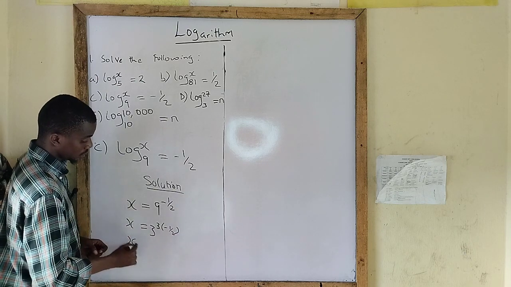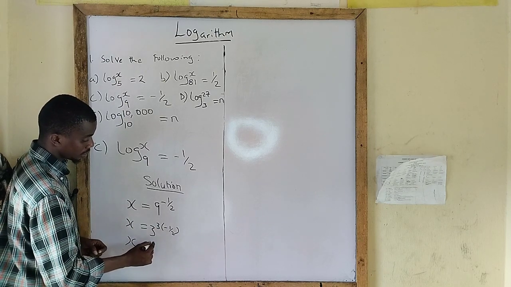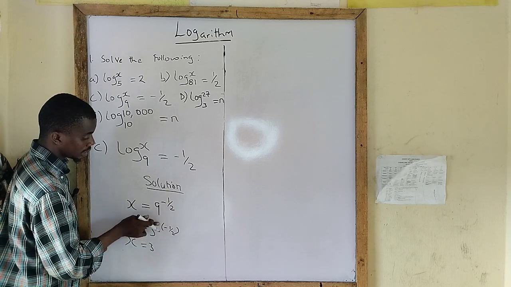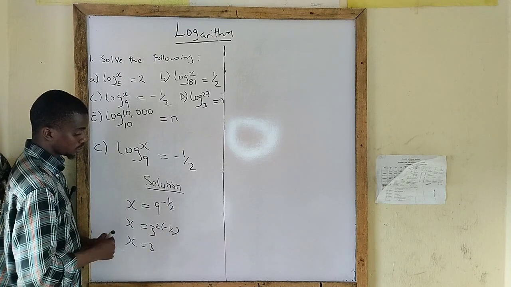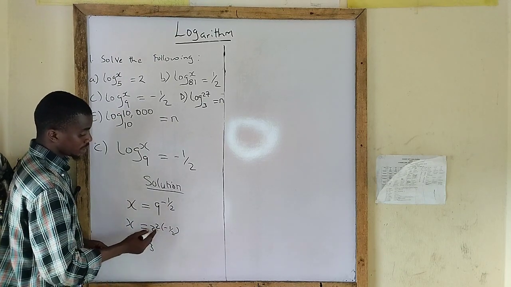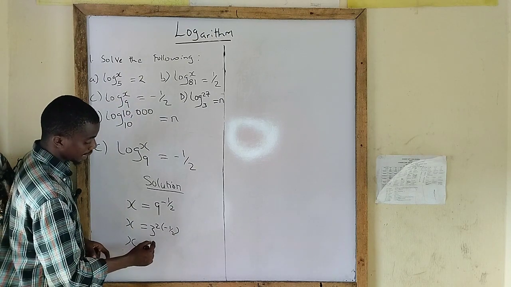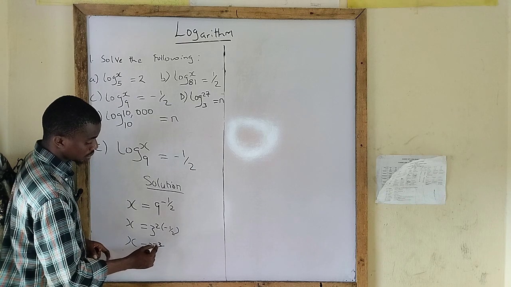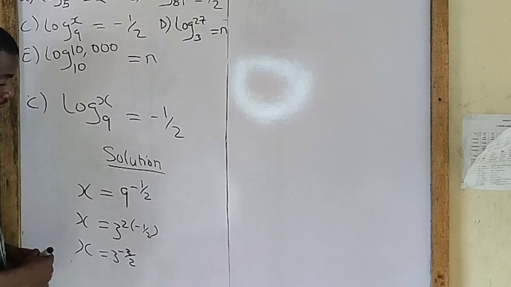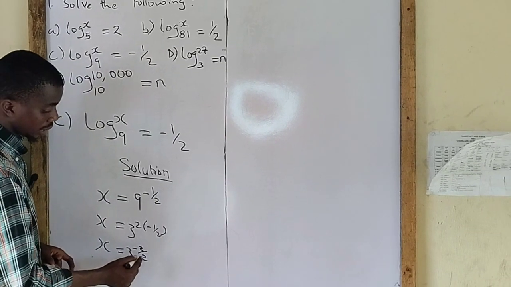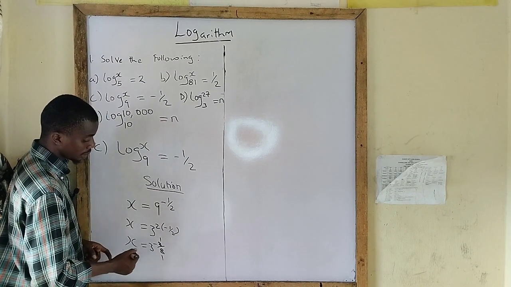So that 3 raised to the power of 2 times minus a half gives minus 2 all over 2. The 2 here cancels the 2, and 1 divided by 1 is 1.